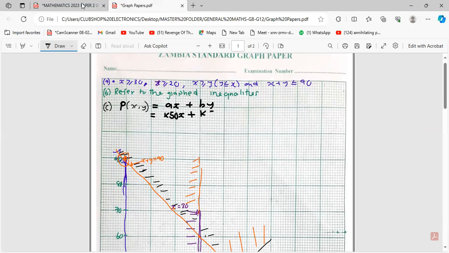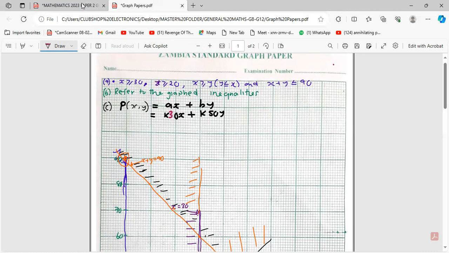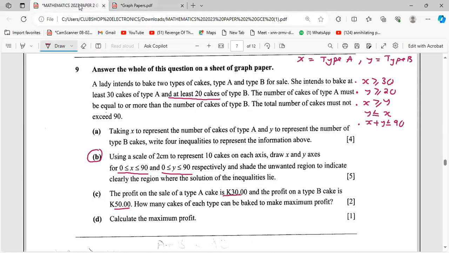It's supposed to be 30x, because they are saying type A is 30.